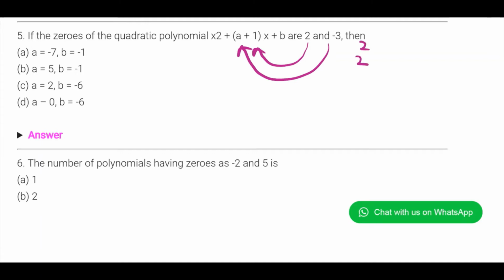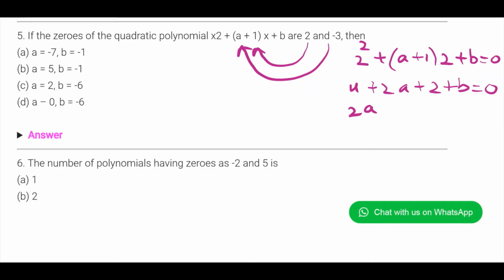This is 2 square plus a plus 1 into 2 plus b equals 0. This is 4 plus 2a plus 2 plus b equals 0. 2a plus b plus 6 equals 0. This is equation 1, let's say.